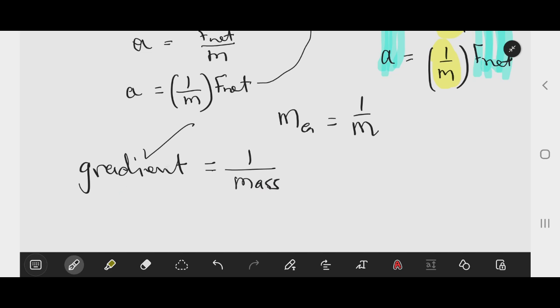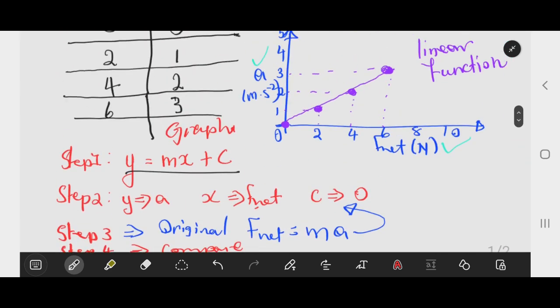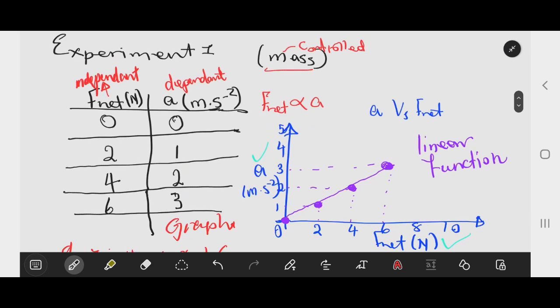All right, so let us calculate the mass of the object that was used for this experiment, because remember we said we are using an object of mass m, and the mass is not changing, which means that is the controlled variable, and we have our independent variable, what we are changing, which is the net force, and the dependent variable, which is changing due to the change in the independent variable, which is the acceleration, right?